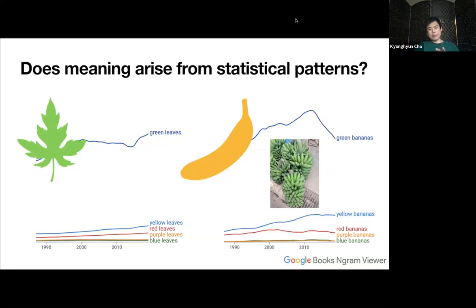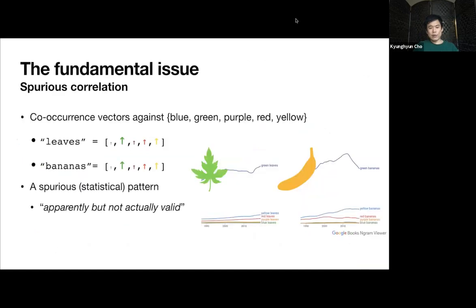But then you start wondering, what does this pair of plots tell us? What it actually tells us is that if we only consider these particular words that are related to colors, and then look at the co-occurrence of these color names with either leaves or bananas, effectively, or statistically, leaves and bananas are extremely similar with each other.